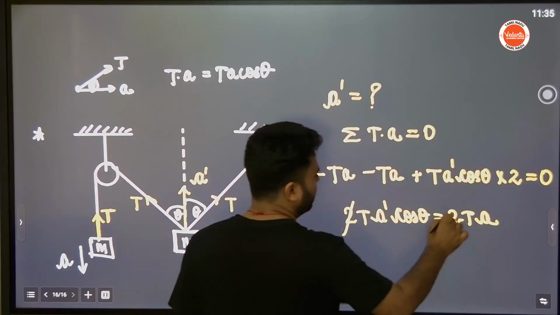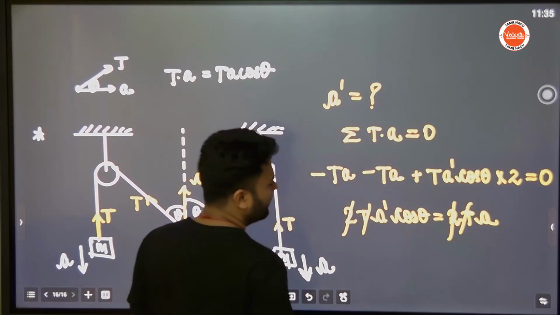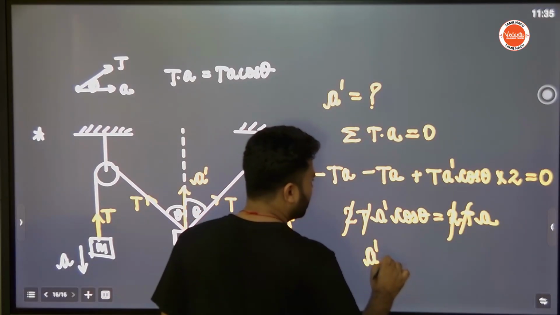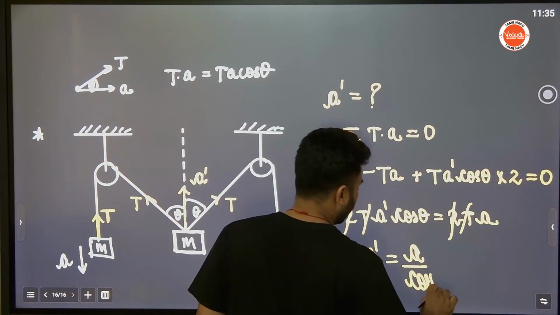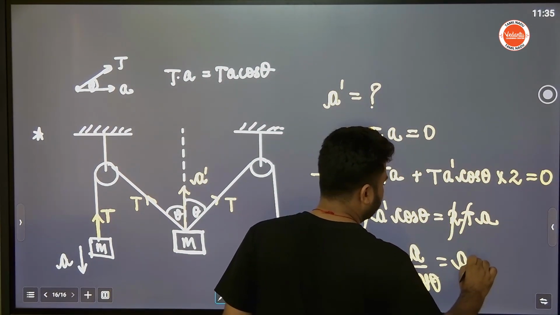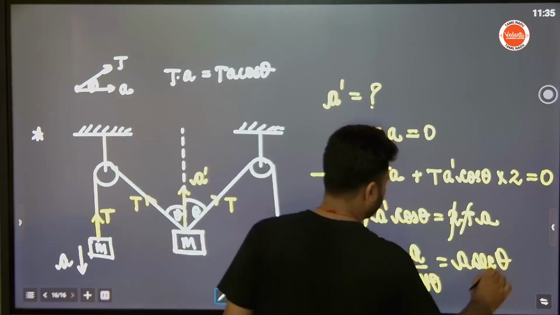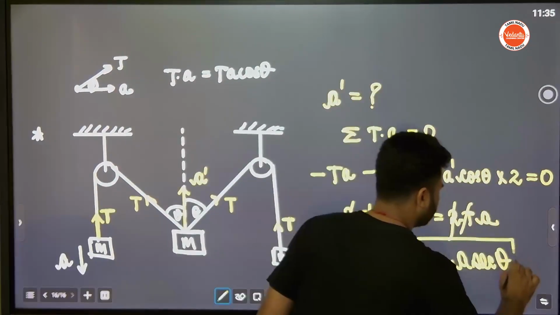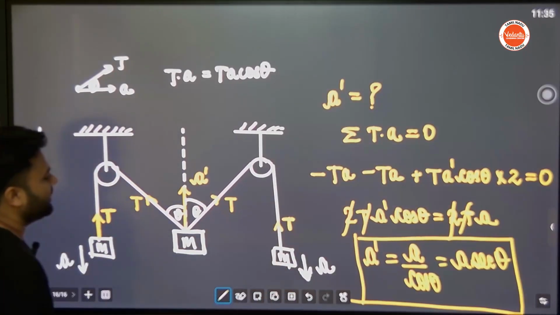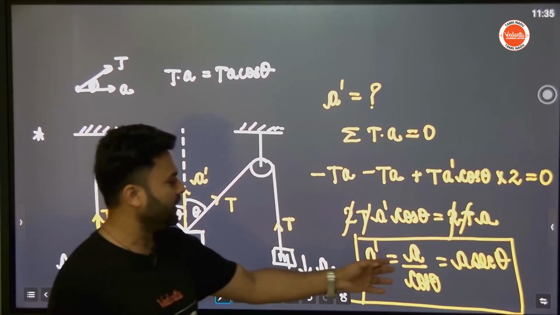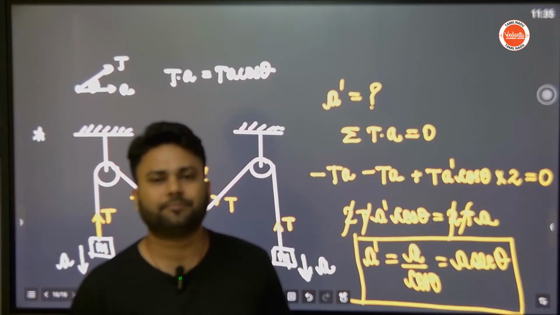Correct? So 2 cancels, T cancels. So A dash equals A divided by cos theta, or A sec theta. This is the answer. Means if these two objects are going down with A acceleration, this will go up with A sec theta acceleration.